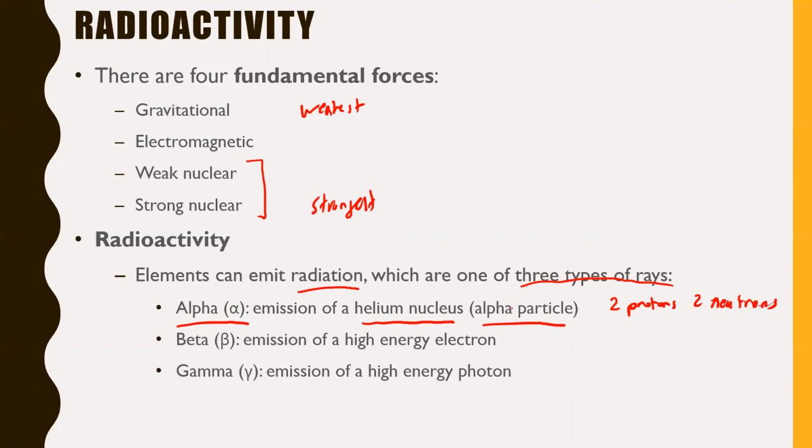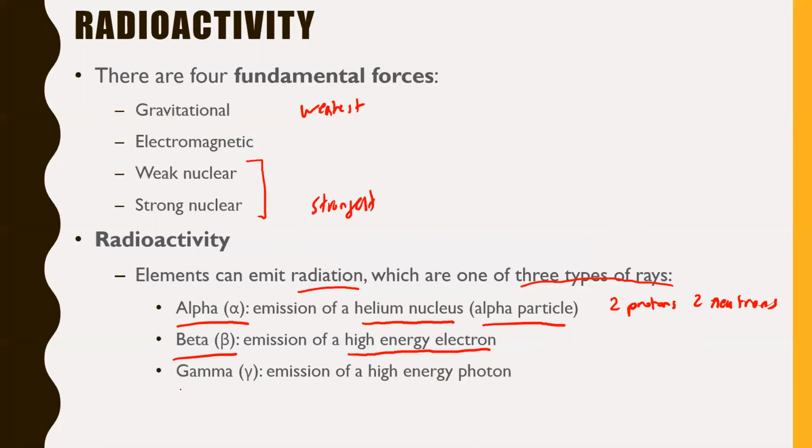When a helium nucleus, an alpha particle, gets released by something that's decaying, that's called alpha decay. Beta decay, which is denoted by this symbol, like a B that has a really long side to it, is the emission of a high energy electron. So it's literally just one electron that gets shot out, but it has high energy, in other words, it's going to be moving at a very high speed, okay?